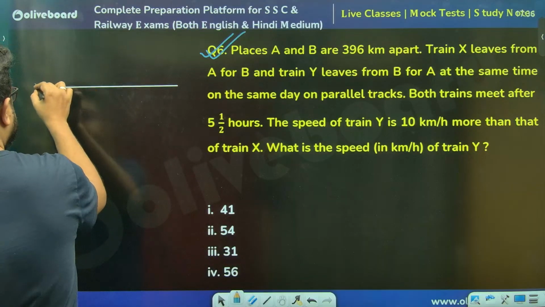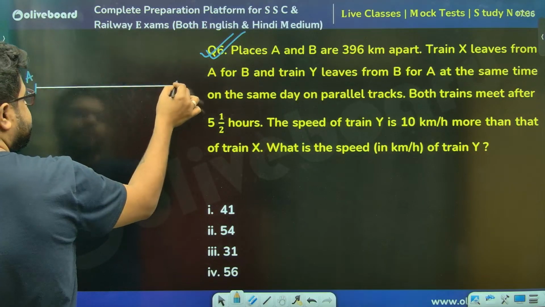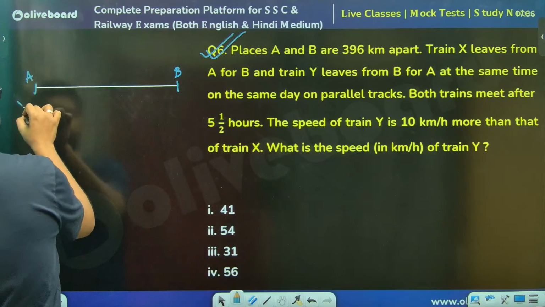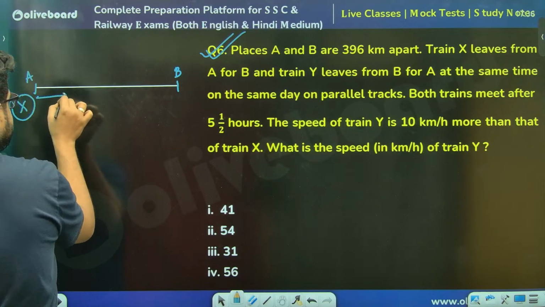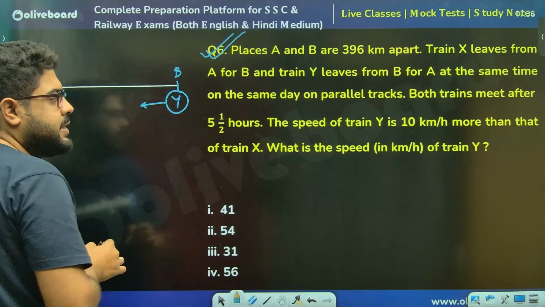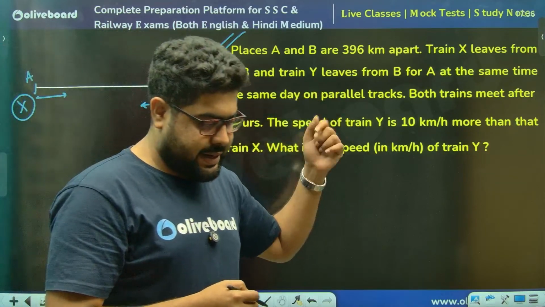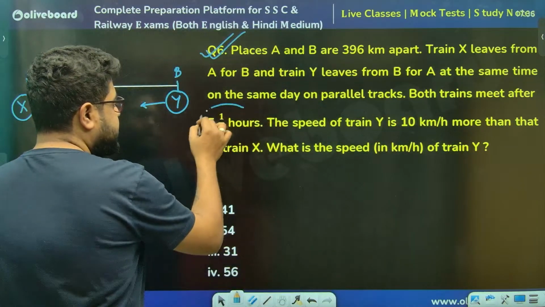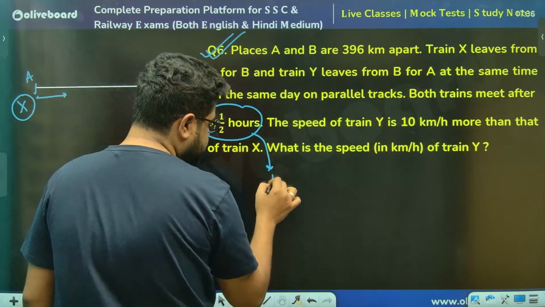This is the situation, sir. This is A, this is B. Train X leaves from here in this direction, and train Y leaves from here in this direction on parallel tracks. Both trains meet after this much time, sir. This is 11 by 2 hours.